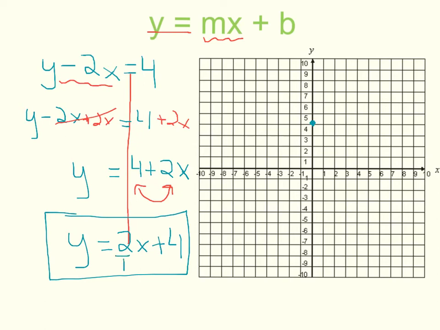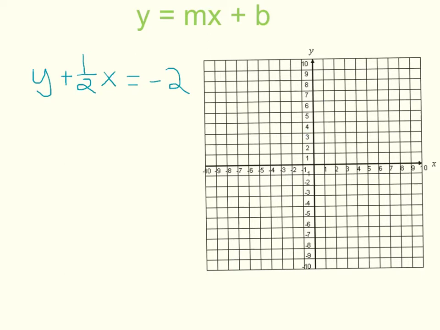So I'm going to go up 2 over 1, up 2 over 1. And then to go backwards, down 2, left 1. And then I can connect. So not too bad. A lot of it is review. Just have to get your equation into the right form first, and then it's pretty easy.